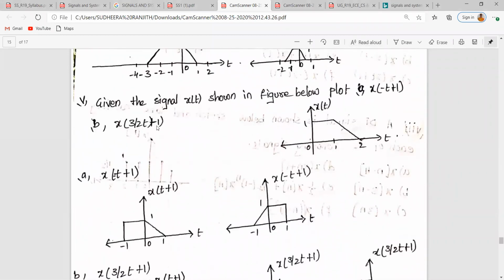So here they are asking us to find x of 3 by 2 t plus 1, isn't it? So x of 3 by 2 t plus 1, shifting and scaling operations are involved here. First we should plot x of t plus 1. So this is the second sum and it is the first sum, x of minus t plus 1. First plot x of t plus 1. And then take the reversal.